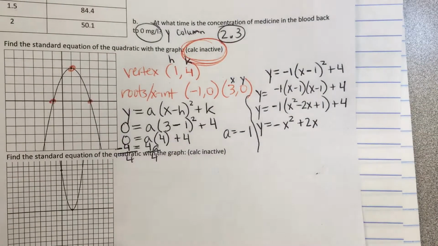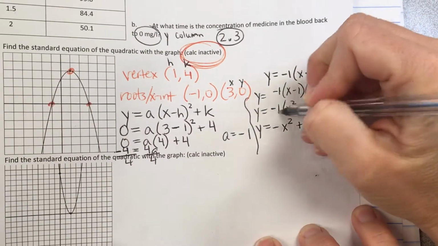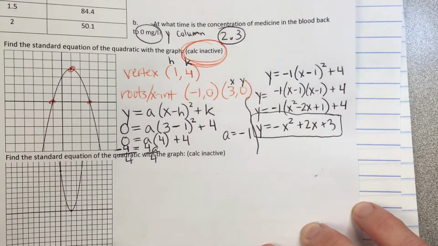I'm distributing the negative 1. Negative 1 times 1 is? Negative 1. Negative 1 plus 4 is? 3. Okay. All right, so that is the answer.